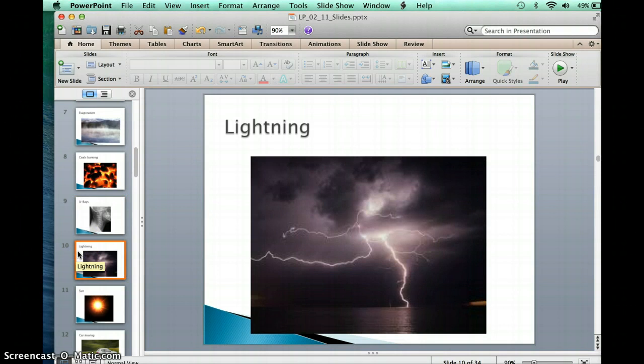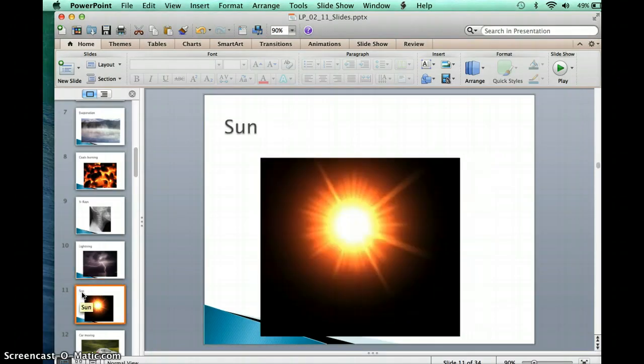Okay, a lightning strike. So what type of energy is happening when lightning strikes? Okay, light energy from the sun. The light energy from the sun.